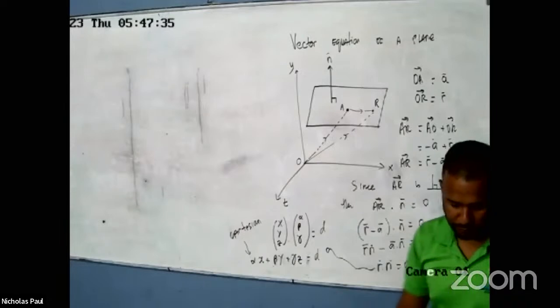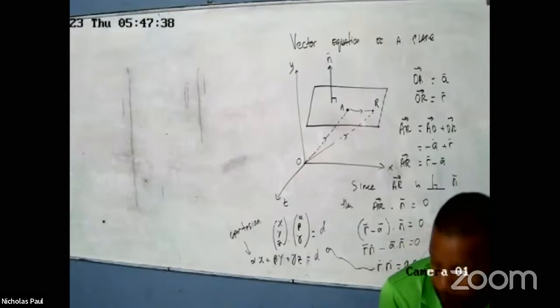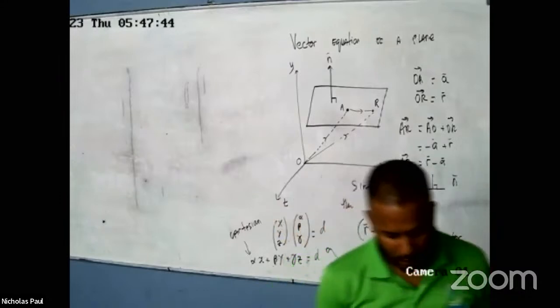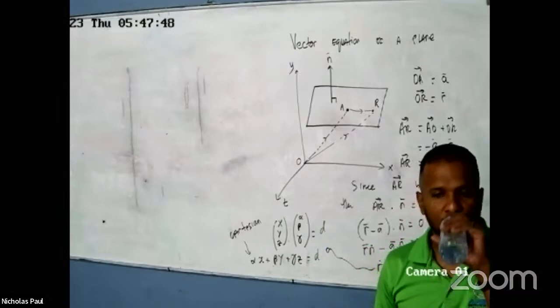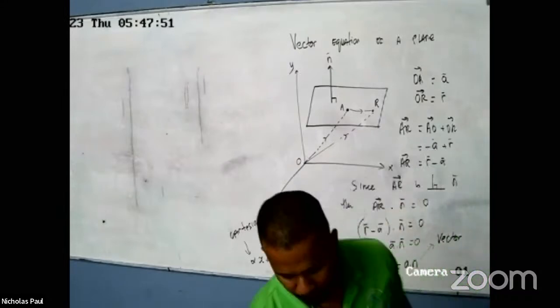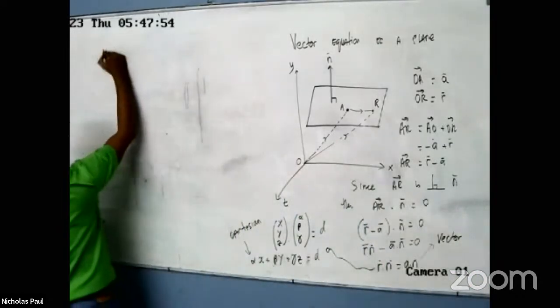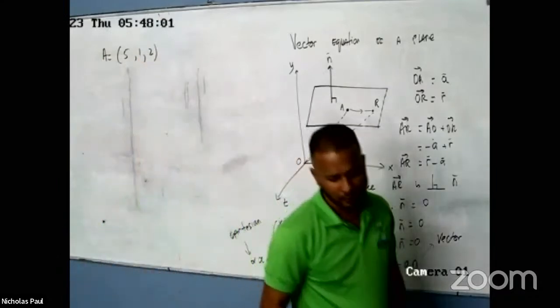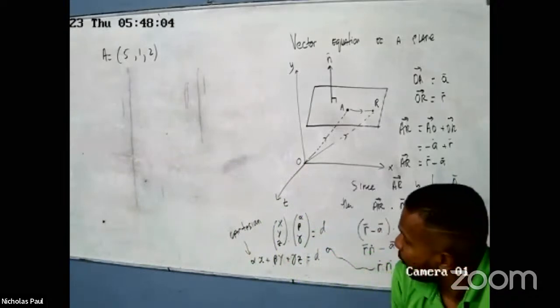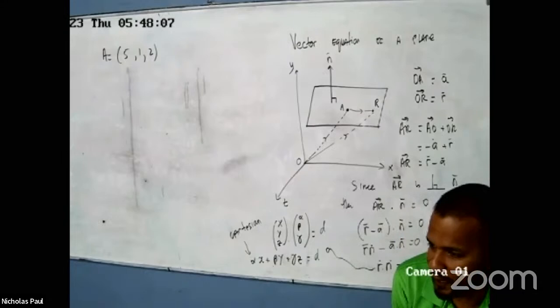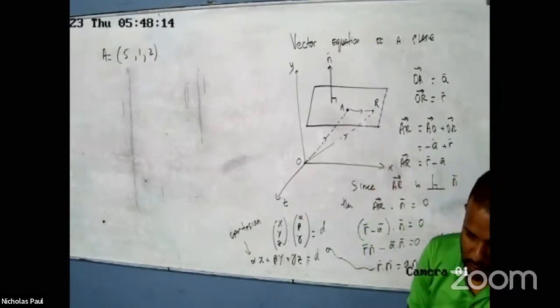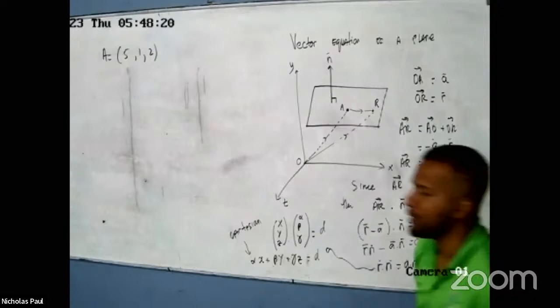Are you ready? Let's just try this one here. A plane passes through the point 5, 1, 2 and is perpendicular to the vector 3, 2, minus 1.